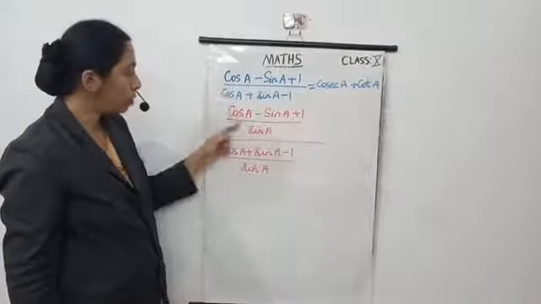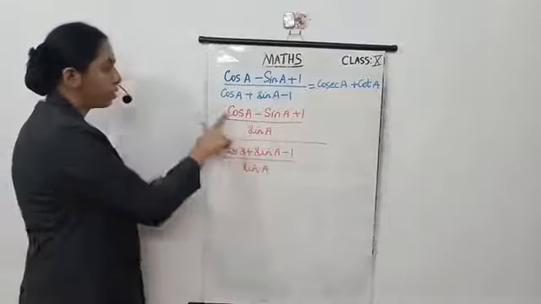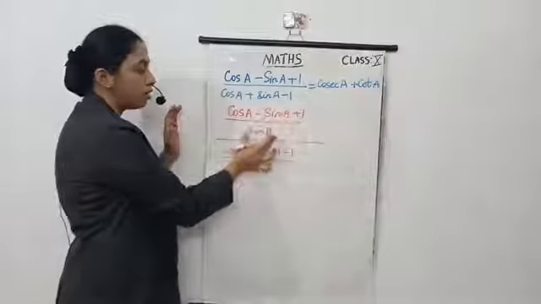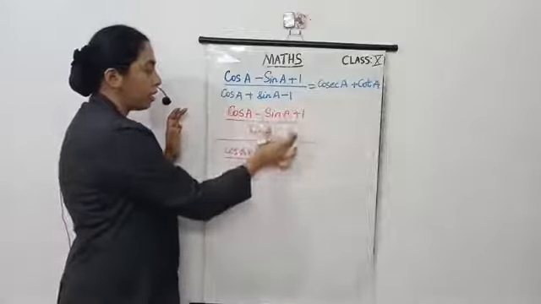That's why we divide both the numerator and denominator with sin A. Now consider cos A separately. All these numerator terms have a denominator sin A, isn't it?